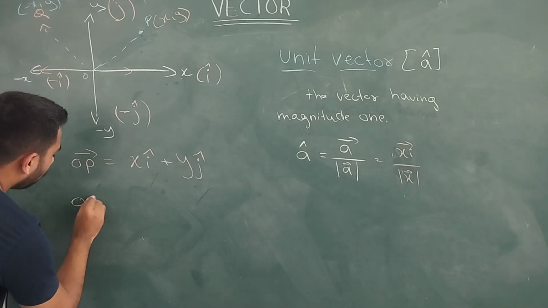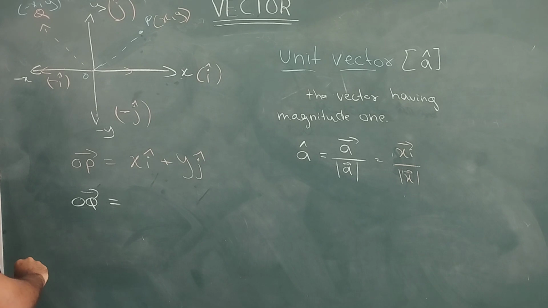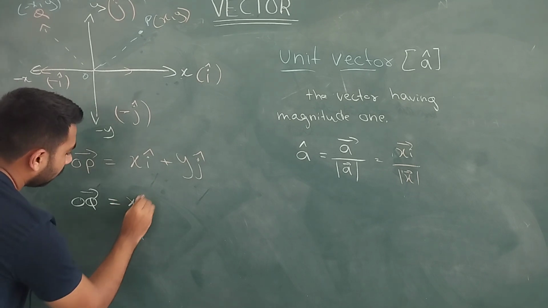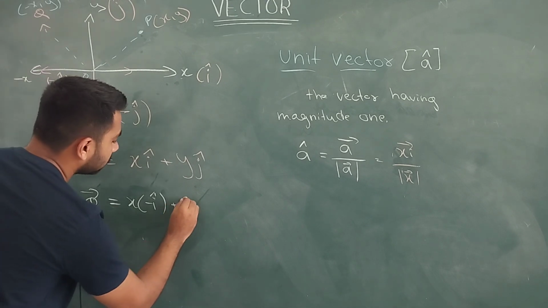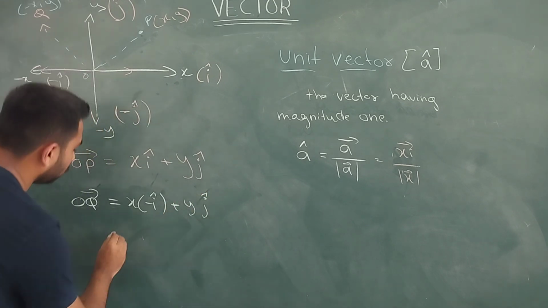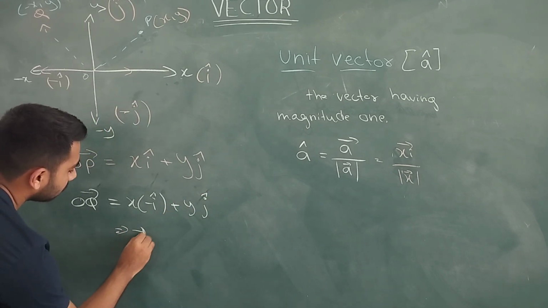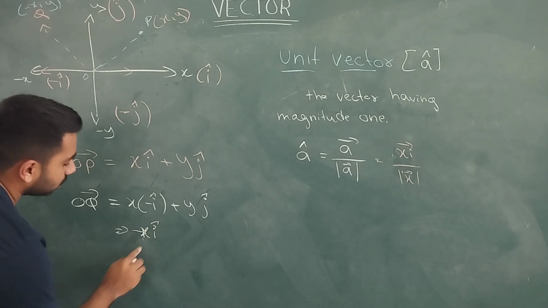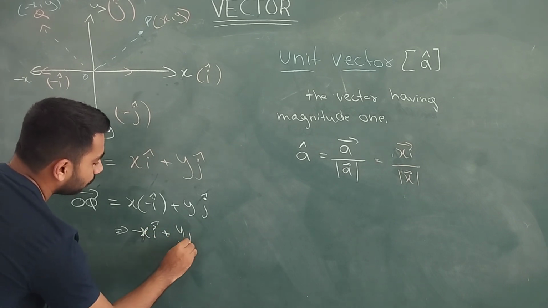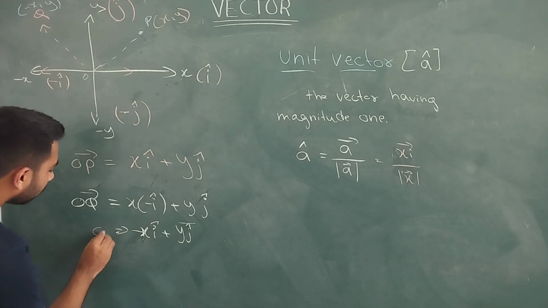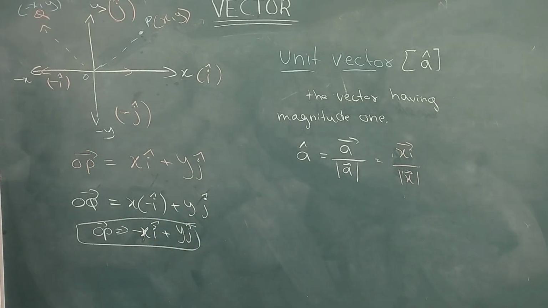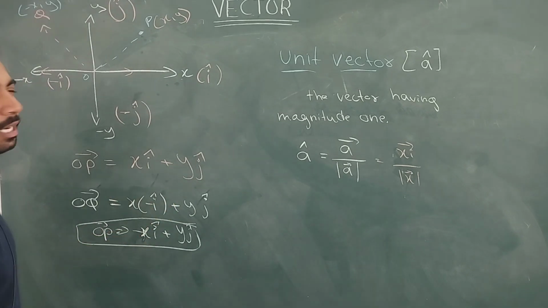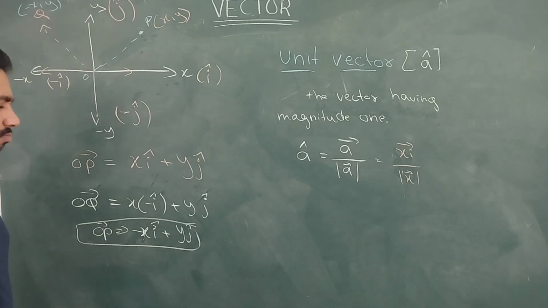At that time OQ is equal to, x is negative, which means minus i plus y is positive. So you can write minus x in the i direction plus y in the j direction. We are building basics. These are all basic. If you are feeling very bored and you know all the basics, you can skip up to 10 minutes. But I don't recommend it.